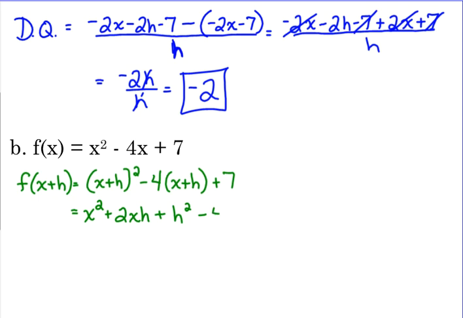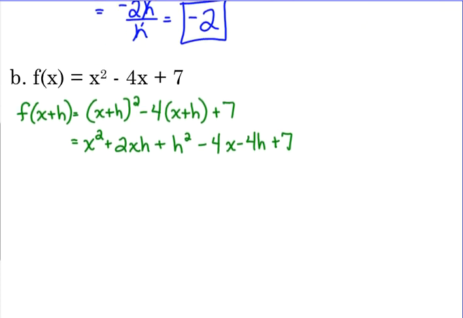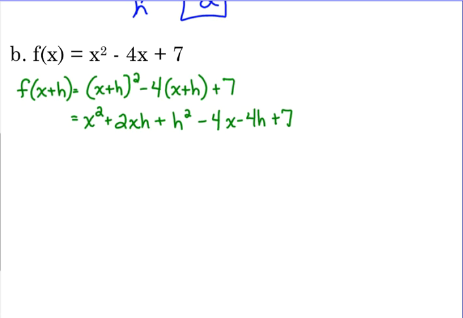Okay, distribute the negative 4: negative 4x minus 4h plus 7. Now, unlike in the previous problem, we don't have any like terms to combine. All of our variables are slightly different in one way or another. So that's all we can do.